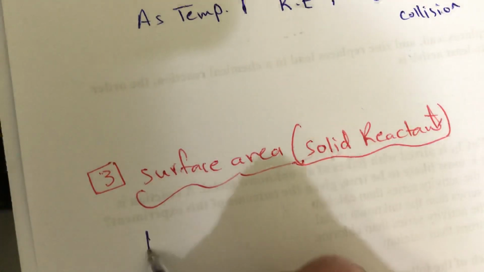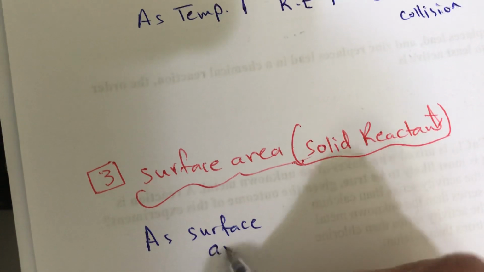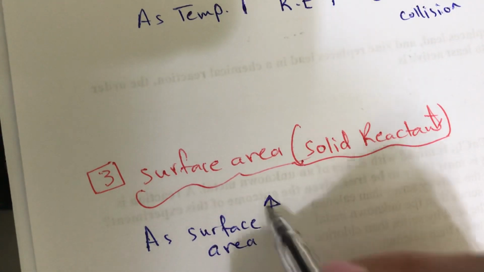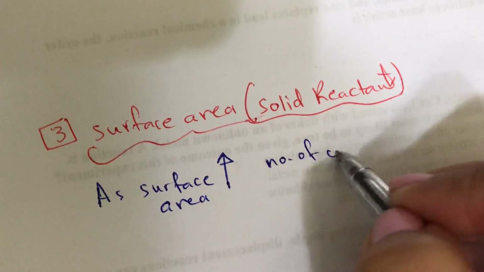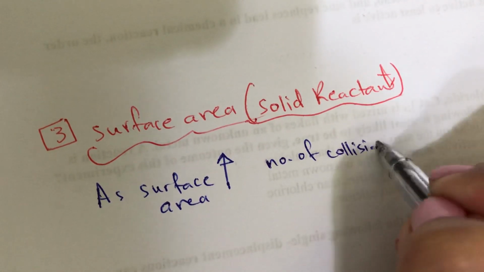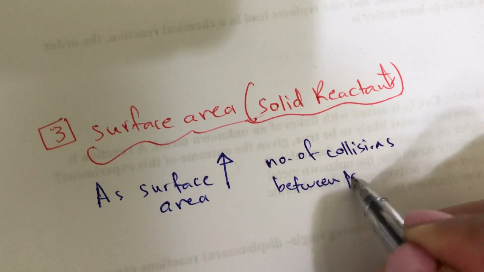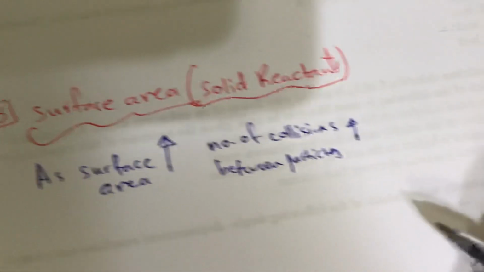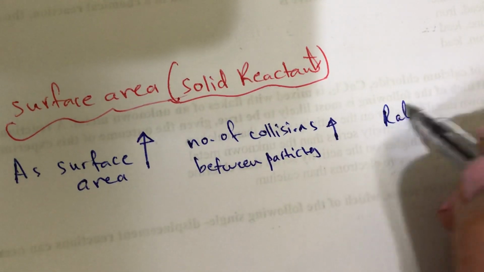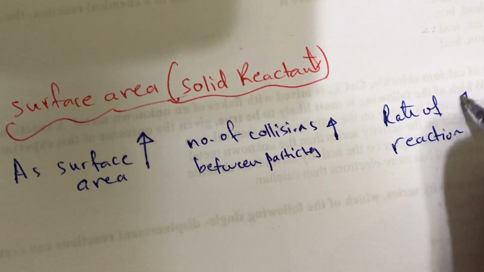So as surface area increases, number of collisions between particles increases, so the rate of reaction increases.